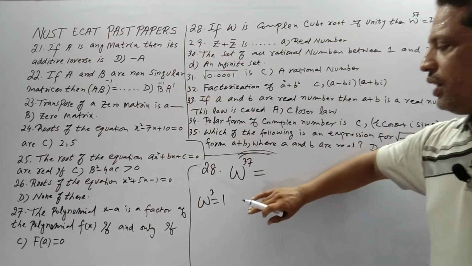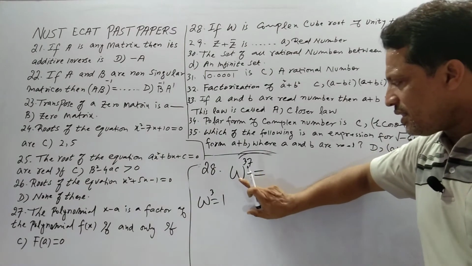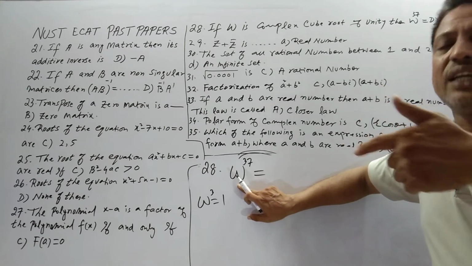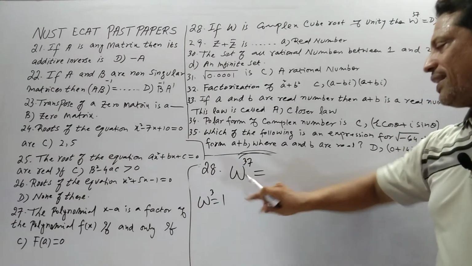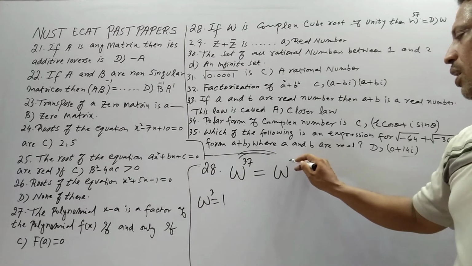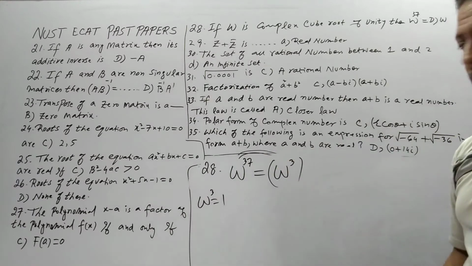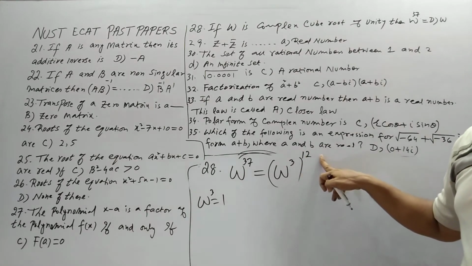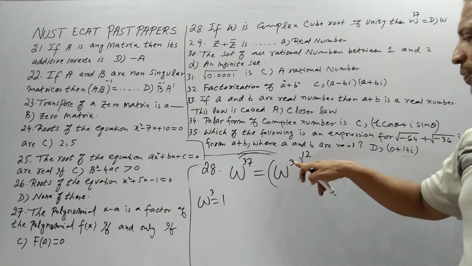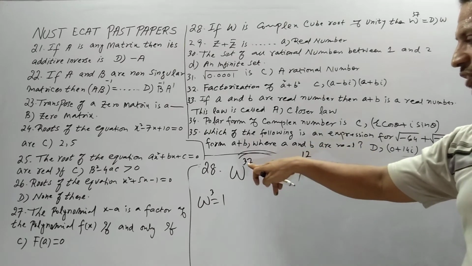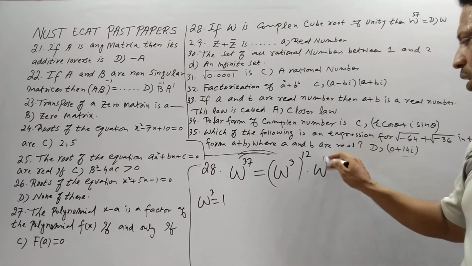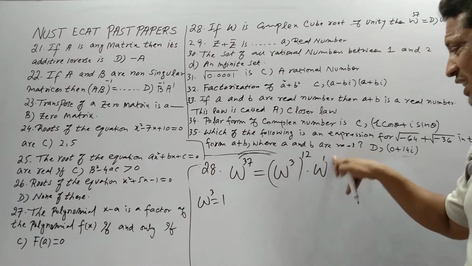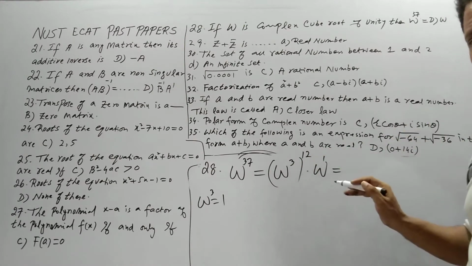So try to convert omega to the power 37 into omega cubed to some power. If I write omega cubed to the power 12, power to the power is always multiplied, this is the indices rule. 3 12s are 36, but we need 37, so we should multiply by omega. So 12 3s are 36, 36 plus 1 is 37.